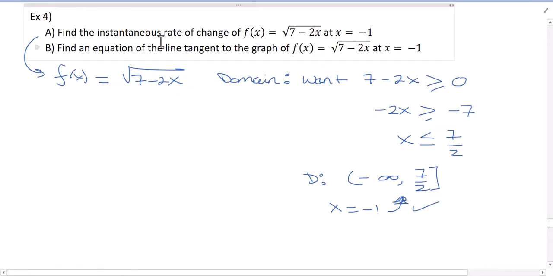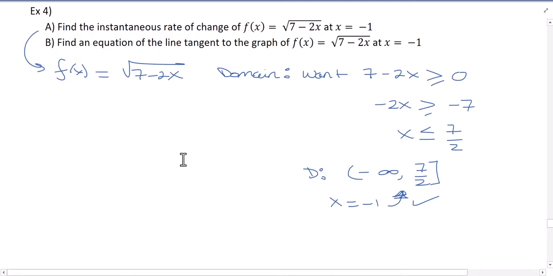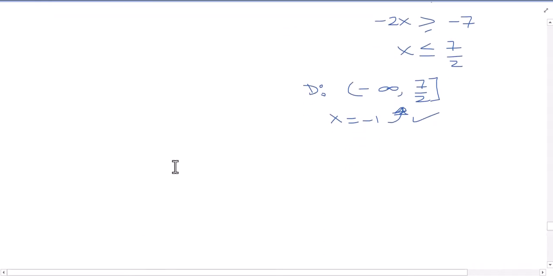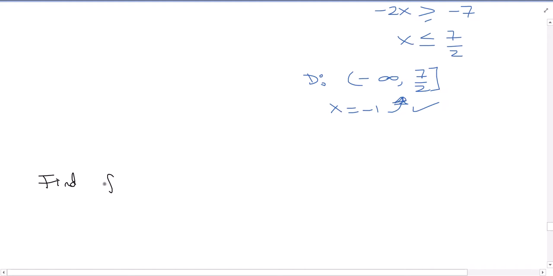So find the instantaneous rate of change. We know that the instantaneous rate of change is the slope of the tangent line. So we essentially need to find f prime of x at x equals -1.